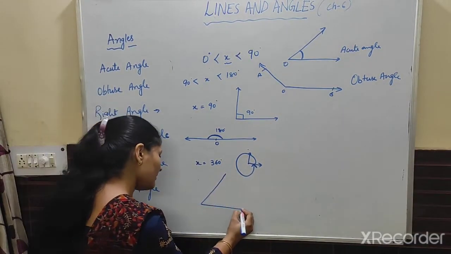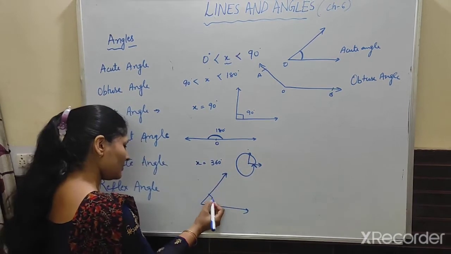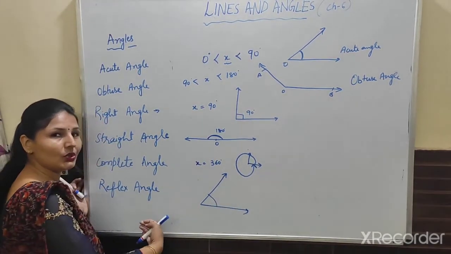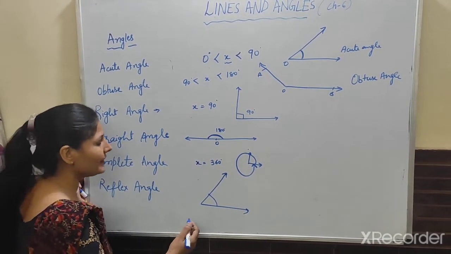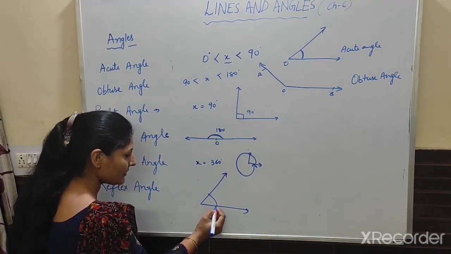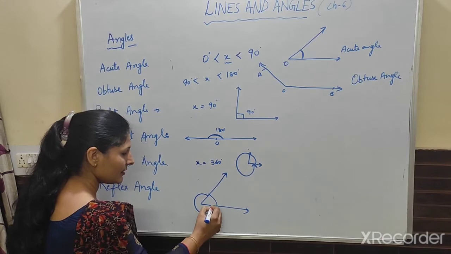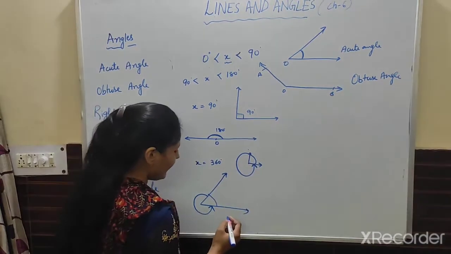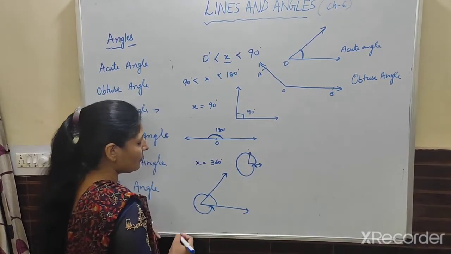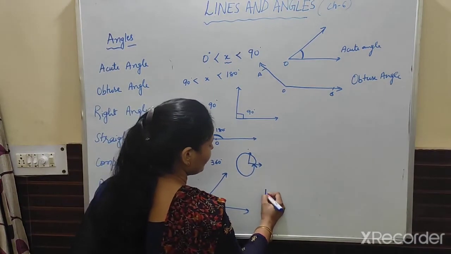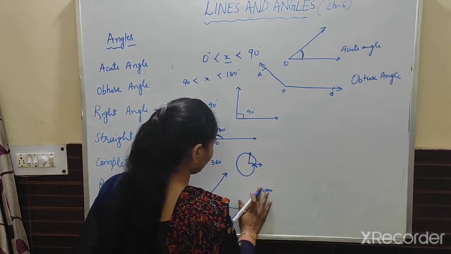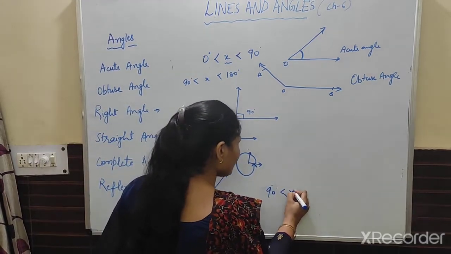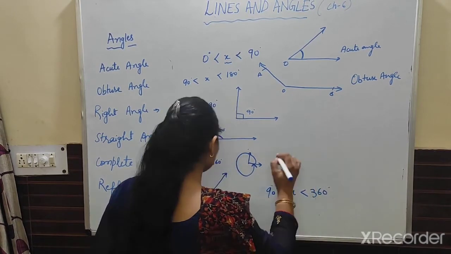Everyone has seen the acute angle. An acute angle lies between 0 and 90 degrees. This is an acute angle. The opposite of an acute angle is the reflex angle, whose measure lies between 180 degrees and 360 degrees.